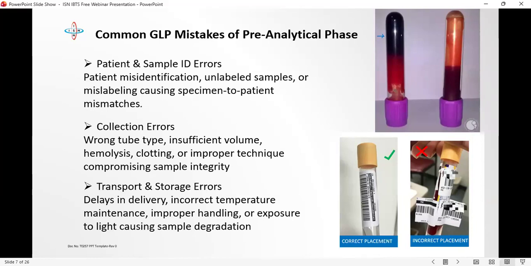Clotting: like this one, you see that it is clotted already, so it cannot be used for hematology testing. Improper techniques compromise sample integrity.